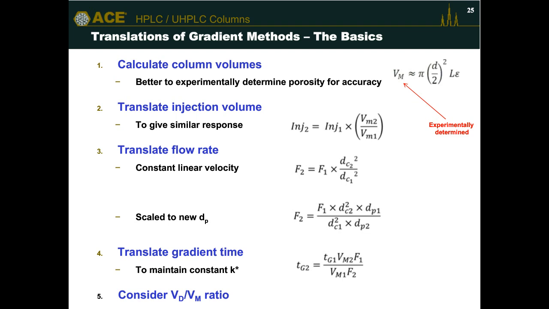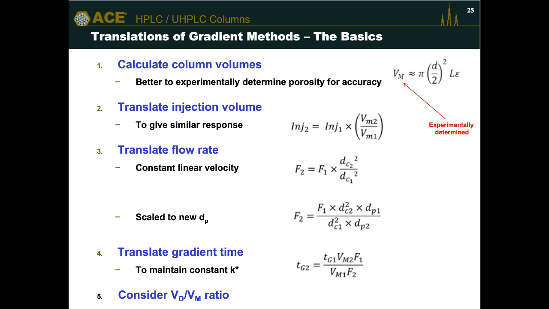In addition, for a gradient method, we need to maintain a constant K star. What I mean by that is we don't want to change the selectivity when we're running our method. So we have to use this TG equation, point 4 on this slide, which takes into consideration the column volume, the flow rate, and the gradient time, TG.